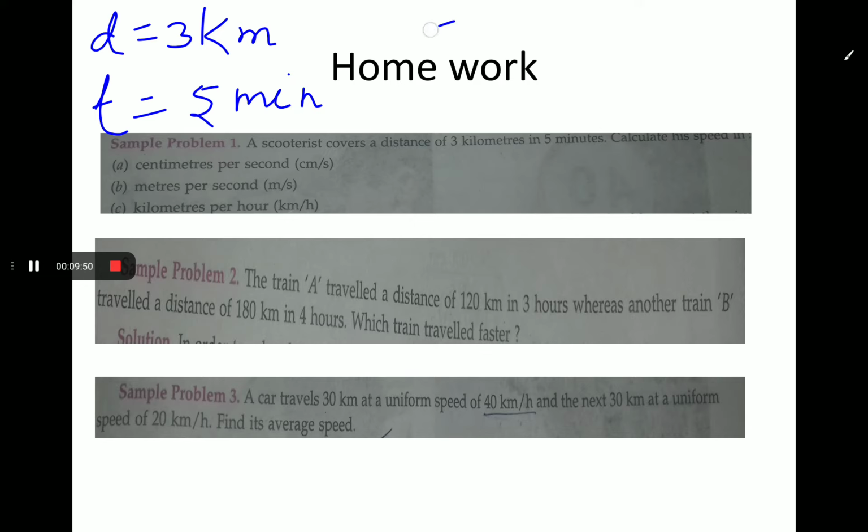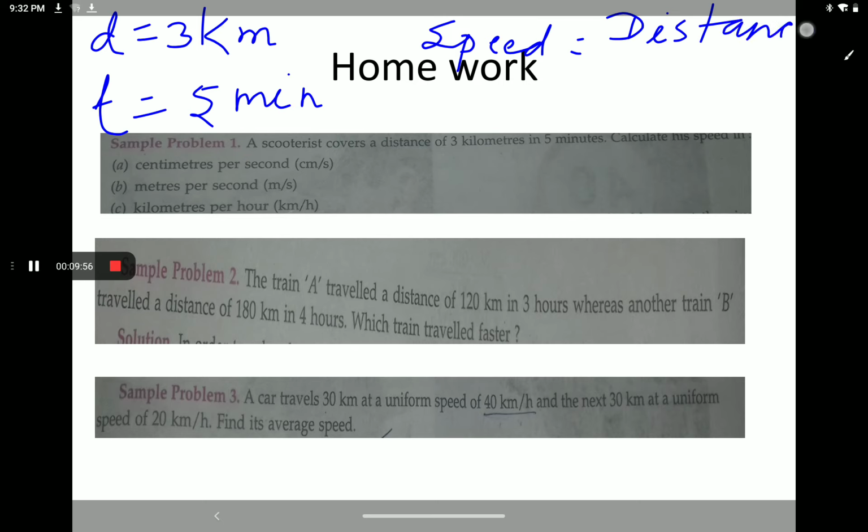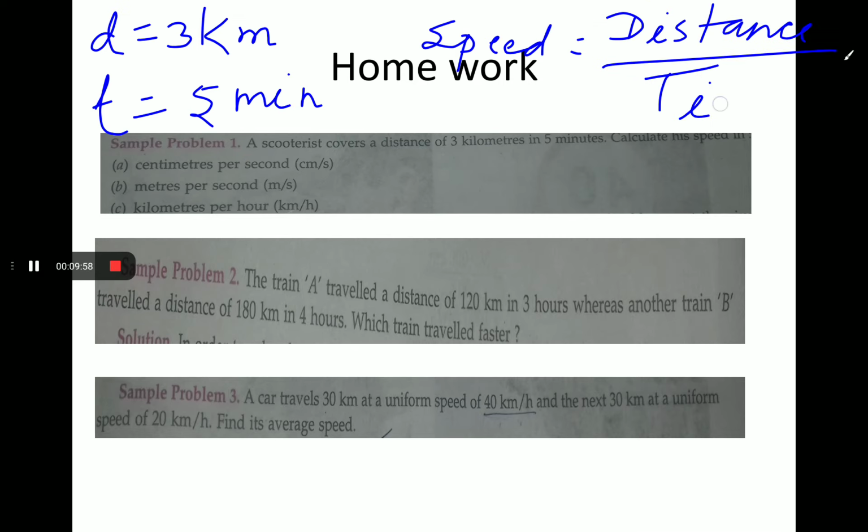Firstly, the formula for speed is equal to distance by time. But speed is calculated in the unit of centimeter per second. That means firstly I have to convert this distance, which is given as 3 km, into centimeters.